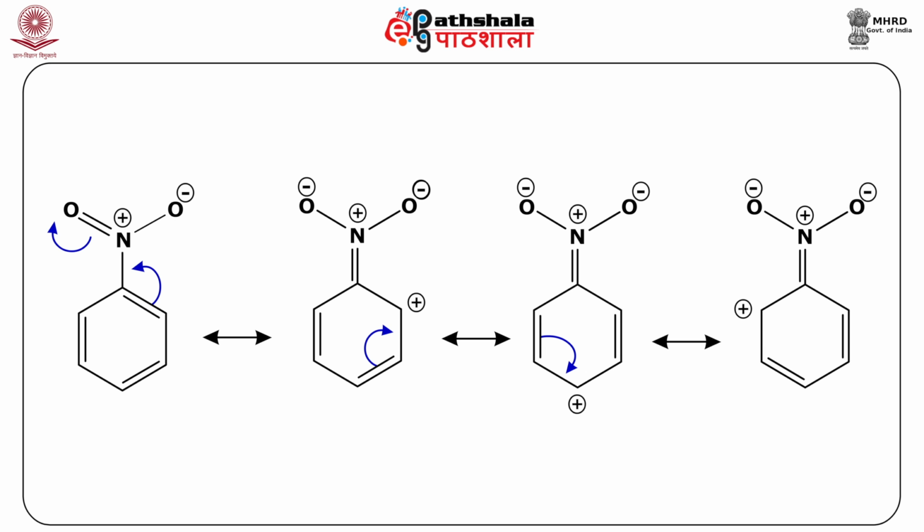These groups show a moderate to strong electron withdrawing inductive effect, that is the -I effect, as these possess a partial to full positive charge on the atom directly attached to the aromatic ring. They also display electron withdrawing resonance effects, that is the -R effect.